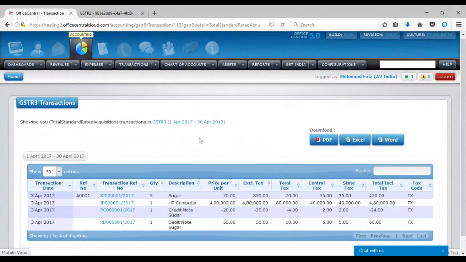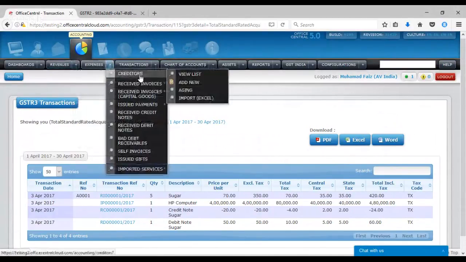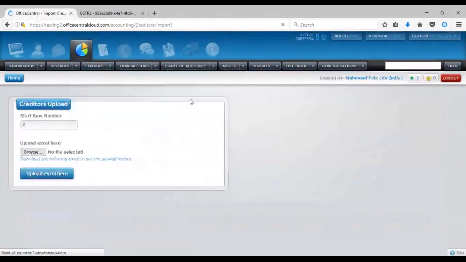And that's it. We also will show you how to upload your creditors or your suppliers into the system. So you go to creditors and import Excel. That is where you actually upload your creditors into the system. So you just try it.